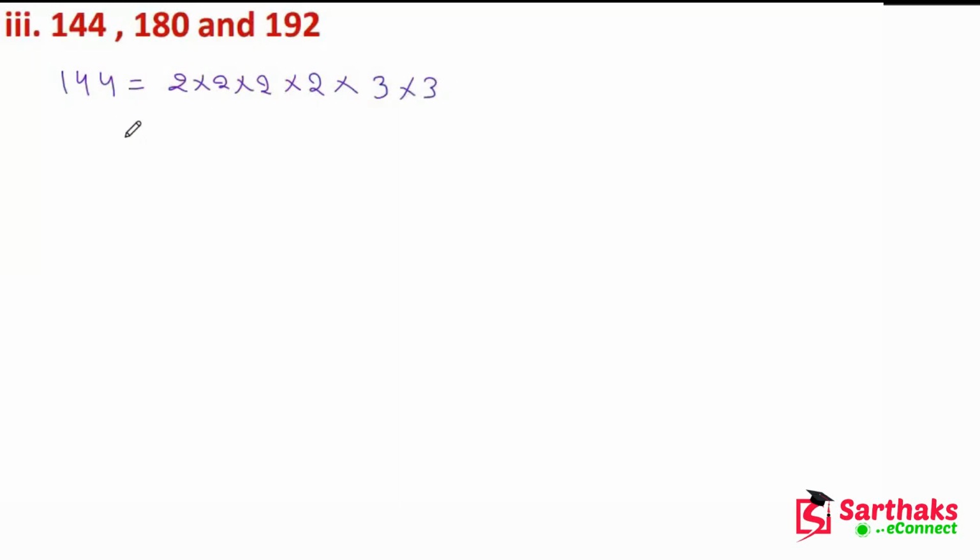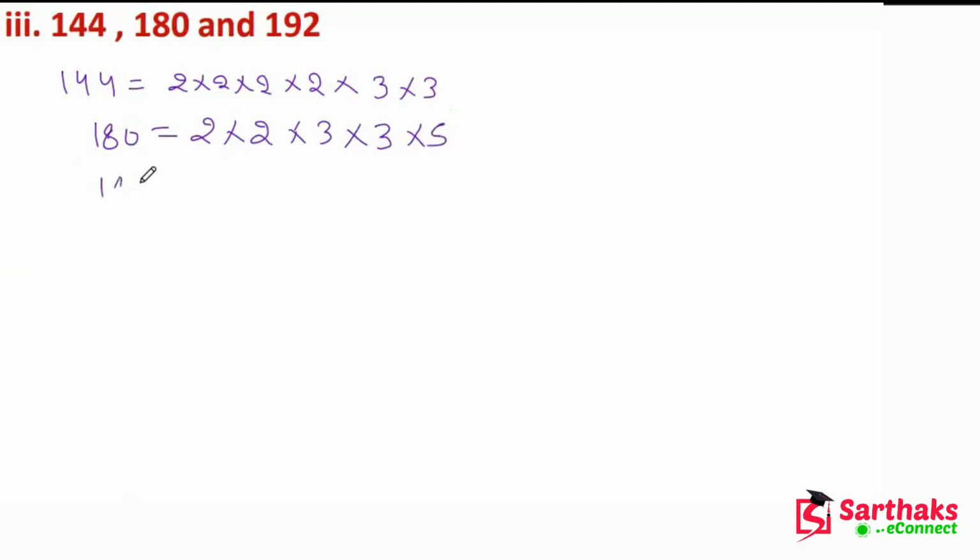So these are the factors. And the factors of 180 are 2 into 2 into 3 into 3 into 5.